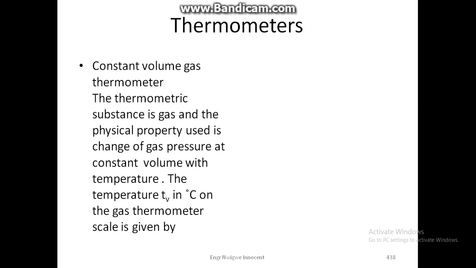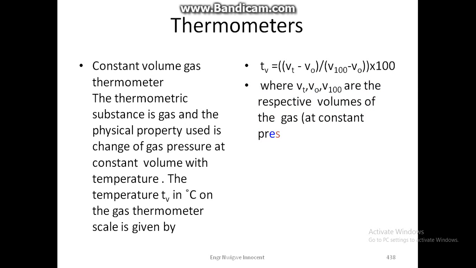The temperature Tv in degrees Celsius on the gas thermometer scale is given by Tv equals Vt minus V0 all over V100 minus V0 times 100, where Vt, V0, and V100 are the respective volumes of the gas at constant pressure at temperatures considered.